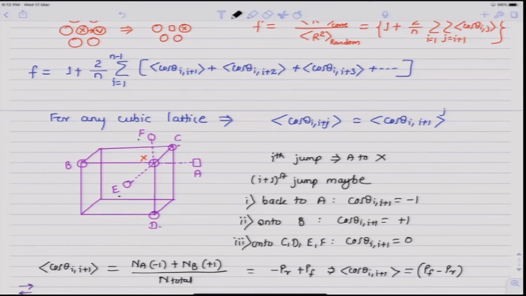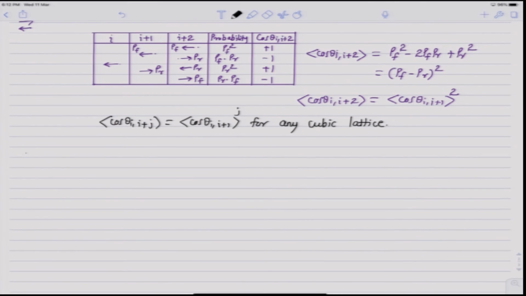And when number of jumps n tends to infinity, this cos theta I plus 1, that is the average of cosine between the successive jumps, will be independent of I, and that is why this result is important. So, let us substitute this back into the expression for f here, and let us try to derive the expression for f.